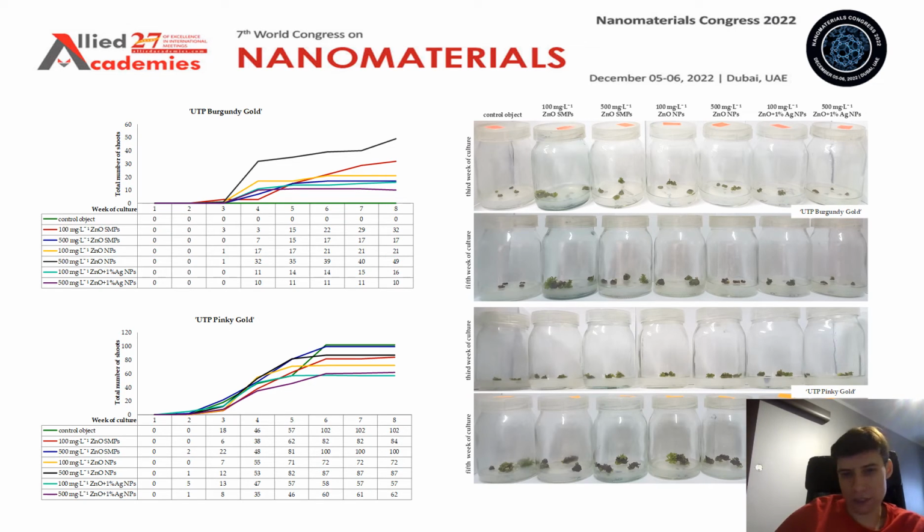In the control object, there were no nanoparticles, of course, or plant growth regulators in the medium. But as for the other treatments, where the materials were placed on the culture medium, we observed that the plants developed more intensively. So this was also very promising for further research.